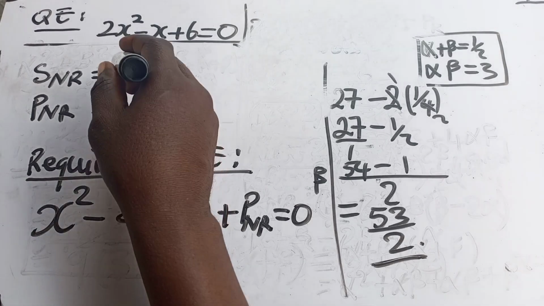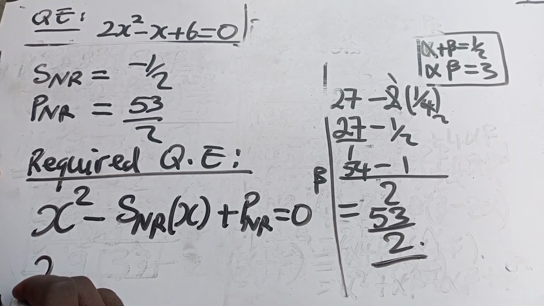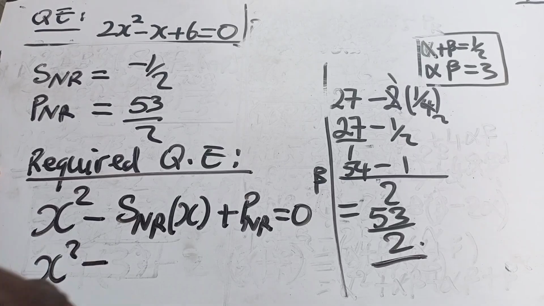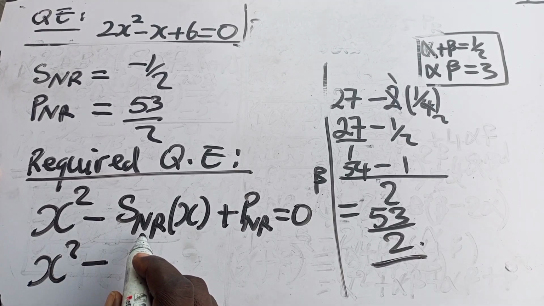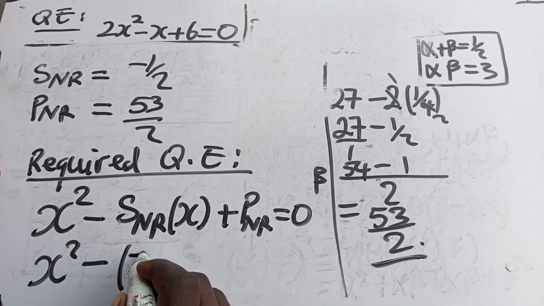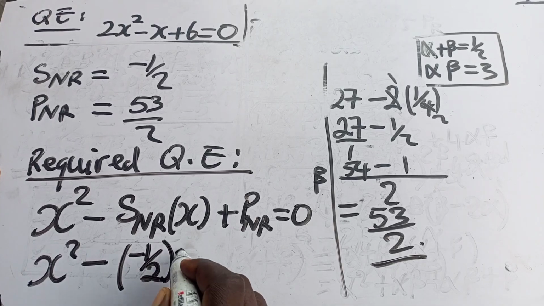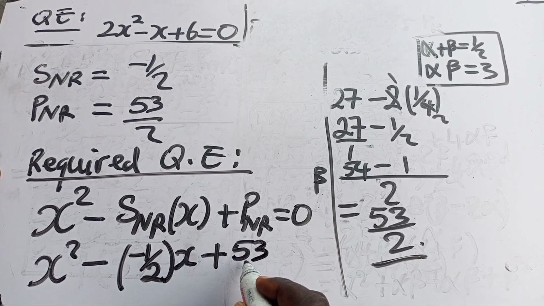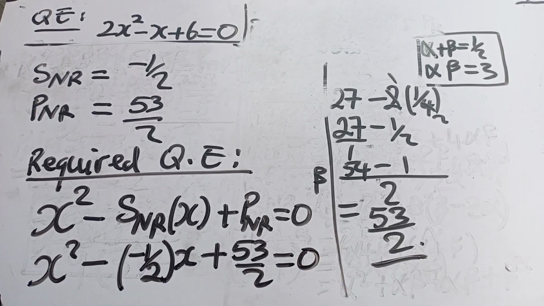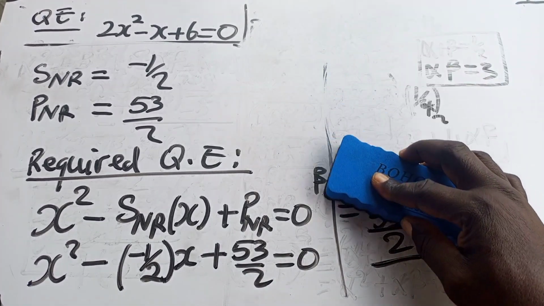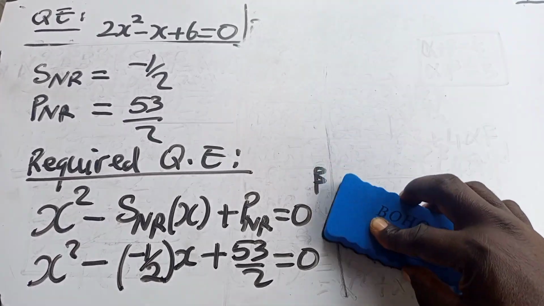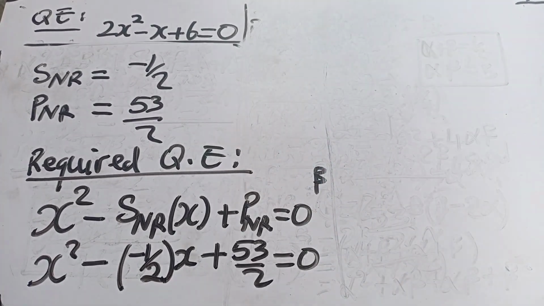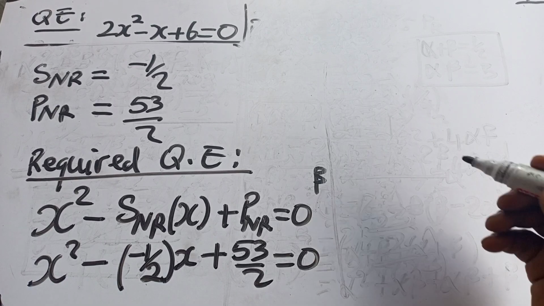So let's put in our information. So we're going to have x squared minus sum of new root is negative half. So we have negative half multiplied to x plus product of new roots. We have 53 all over 2 is equal to 0. Now, making it look nice, all we need now do, since we have a common denominator 2 here, we multiply all through by 2.